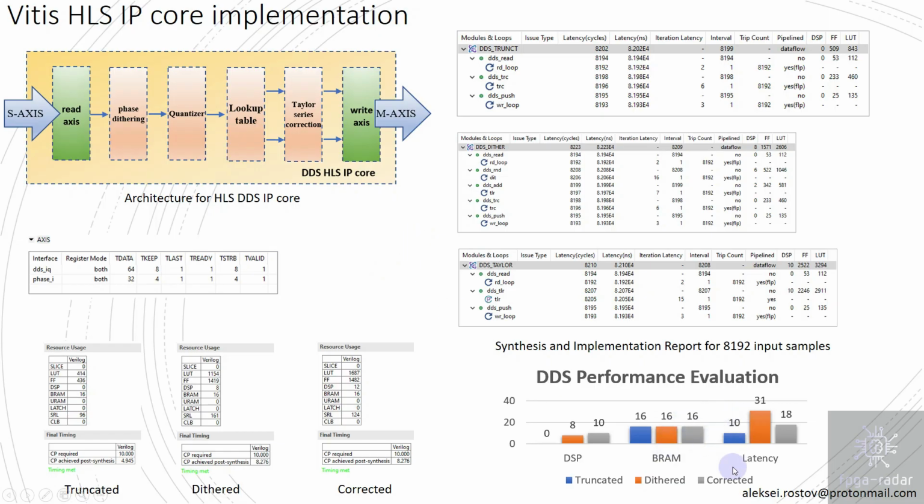The truncated implementation requires the fewest clock cycles, and as can be seen here, the one corrected with Taylor series also requires not so many clock cycles, unlike, for example, the implementation with dithered phase. But again, that is because of the random number generator, which takes time to generate noise for the phase dithering algorithm.